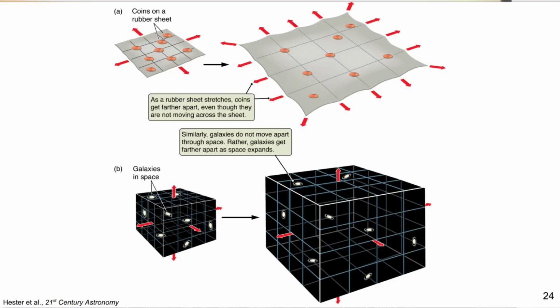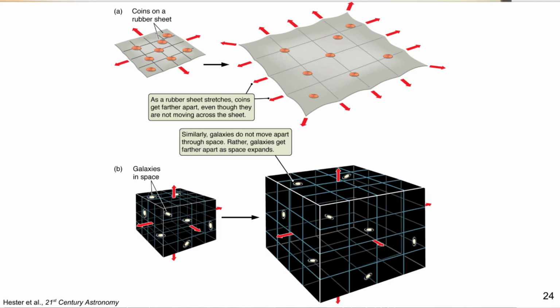But back to our story, the typical analogy that's made is, for example, an expanding rubber sheet. So the rubber sheet represents the expansion of space over time. And we need this to be an infinitely stretchy rubber sheet so it doesn't snap on us. But imagine a rubber sheet, and you put coins on the rubber sheet to represent galaxies.